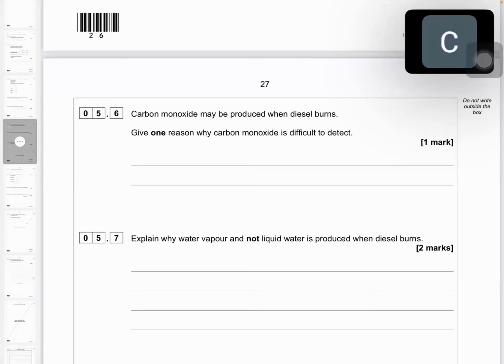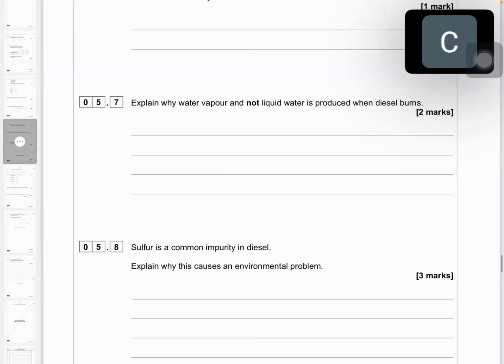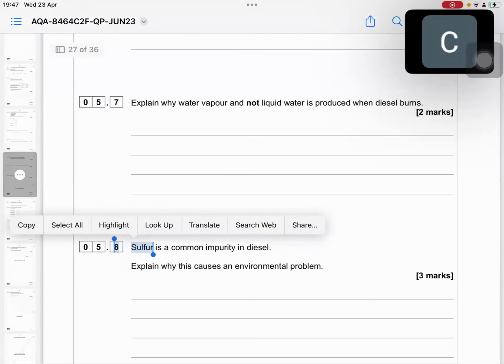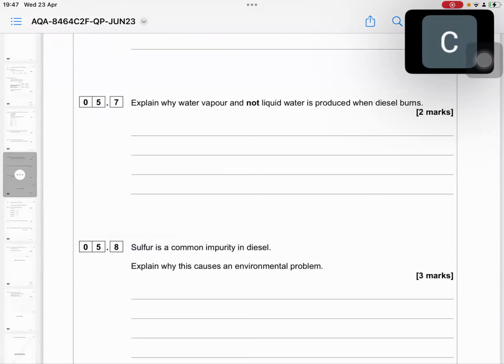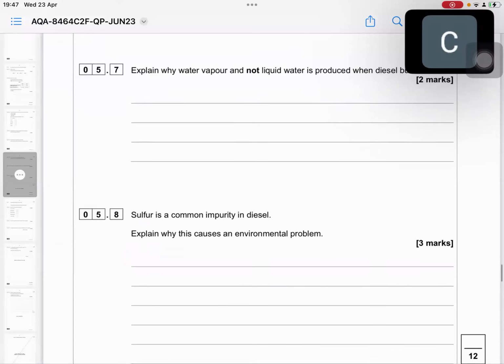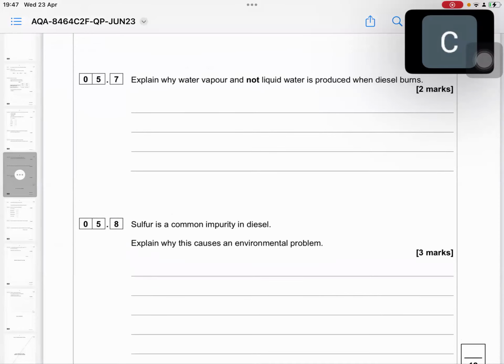Explain why water vapor and not liquid water is produced when diesel burns. Okay, so why do you think water vapor instead of liquid water? What I would say is because of the high temperature, isn't it? I mean, diesel is burning and it's definitely burning at a high temperature, right?